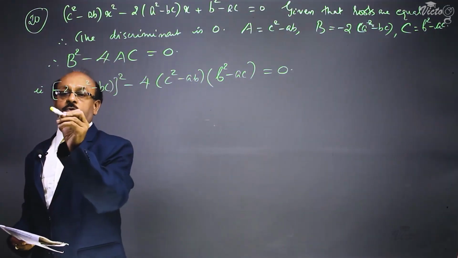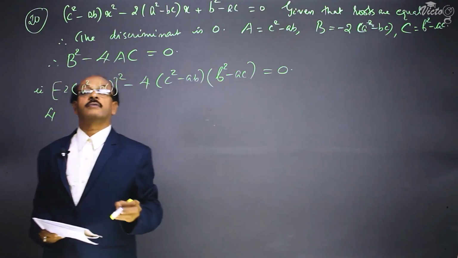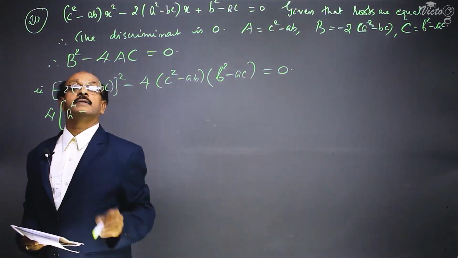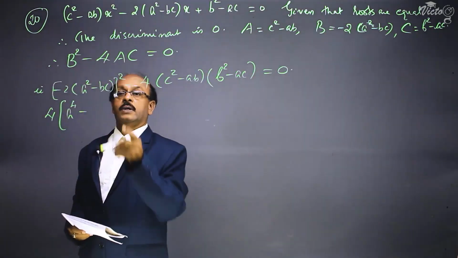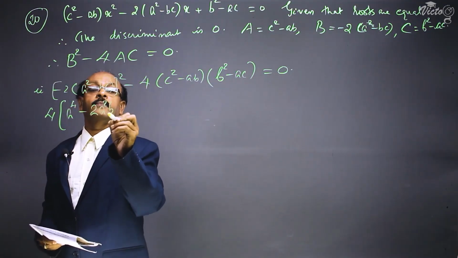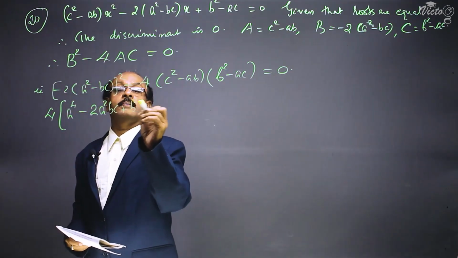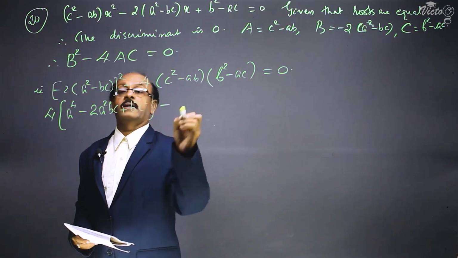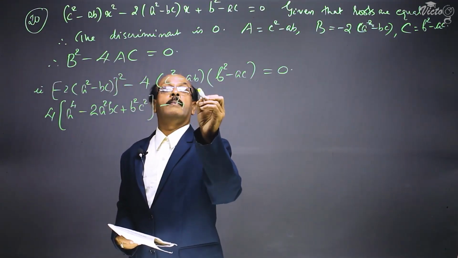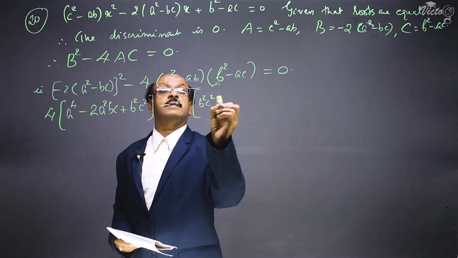Square of minus 2 is equal to 4 into a square minus bc the whole square, which is a raised to 4 minus 2a square bc plus b square c square, minus 4 into multiplying c square into b square, which is b square c square.